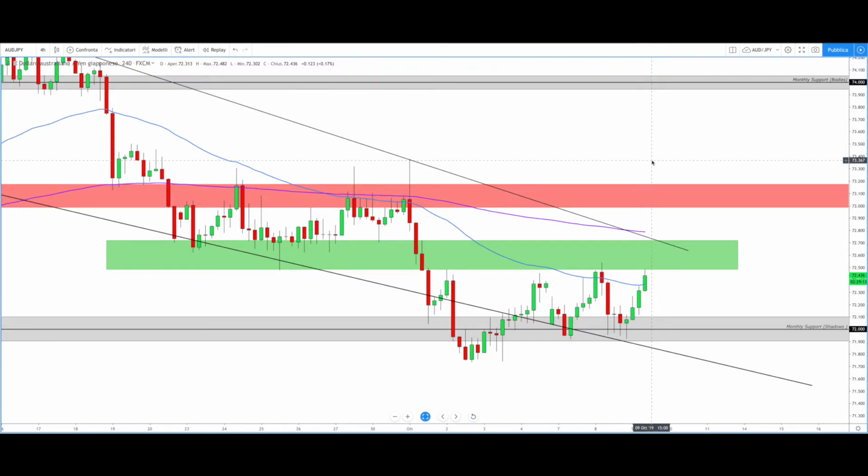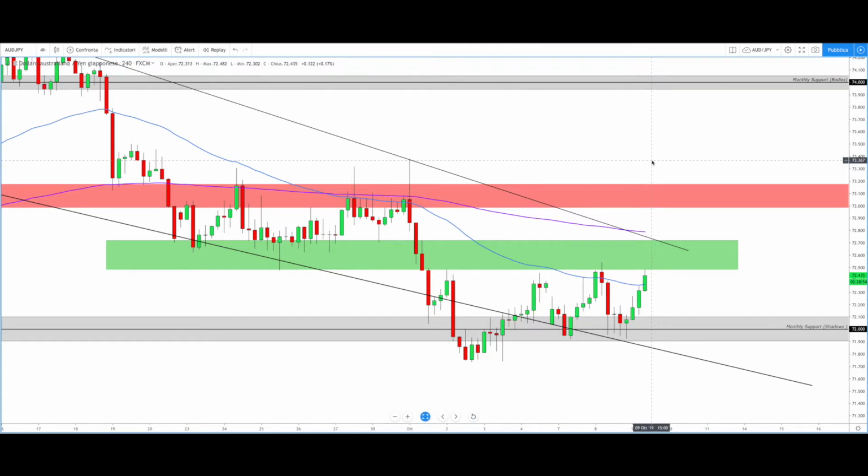We need to watch carefully the price action, especially because on the Japanese yen pair we have the strong news on the Brexit deal, because in the last days the talks between US and China increased.